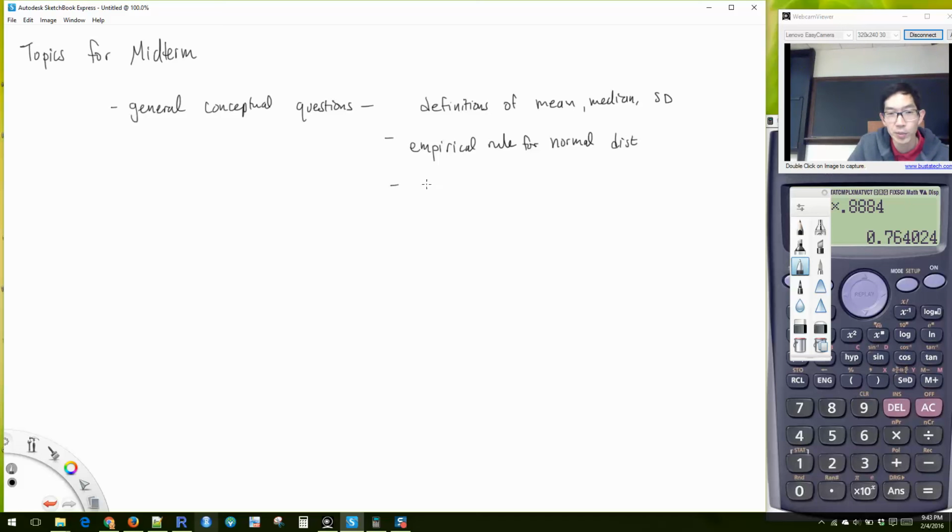Be able to describe shapes of distributions. And the law of large numbers.